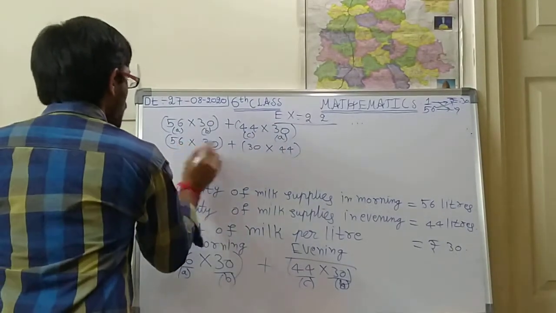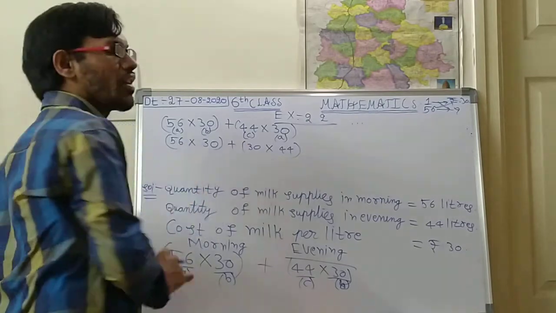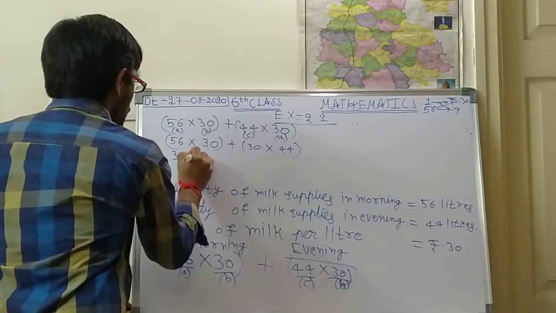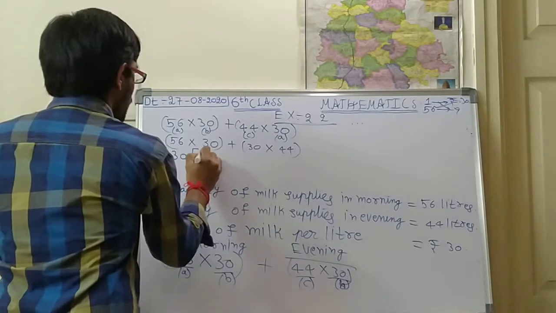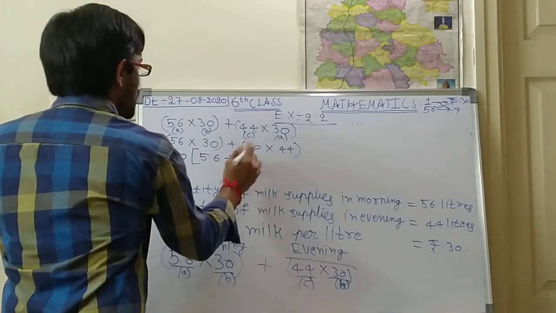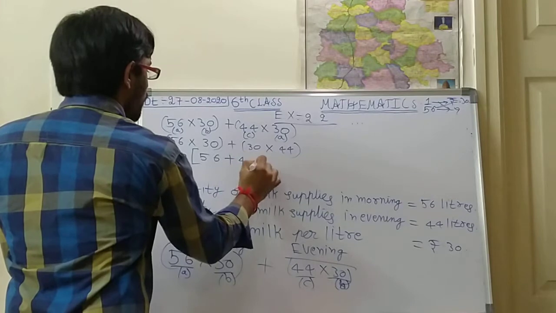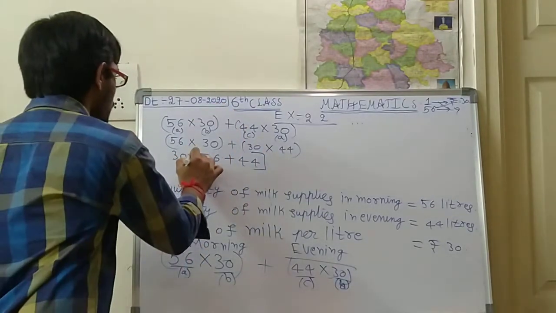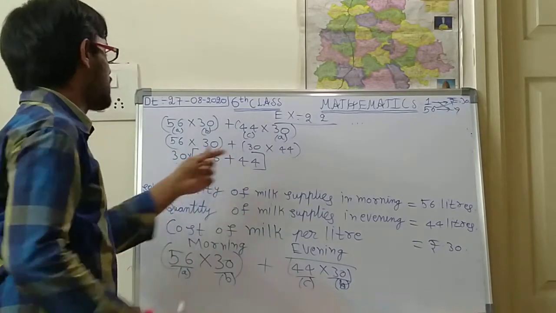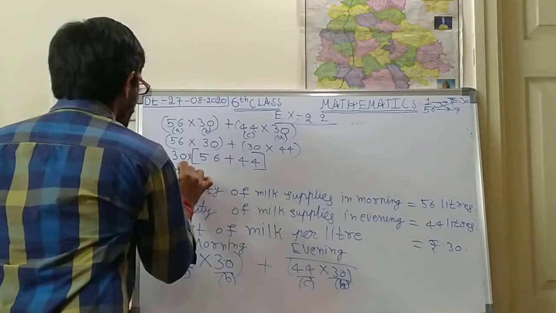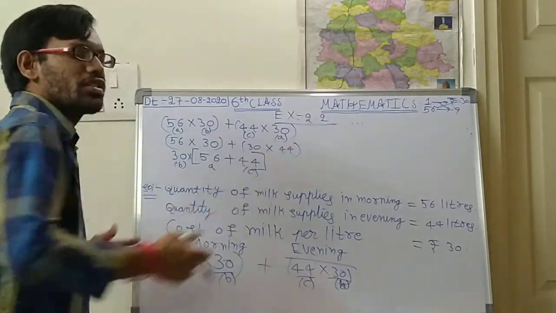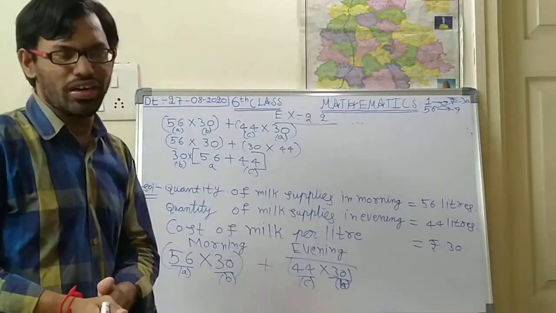Now you have to take 30 as common. So 30 into, in the first term 56, plus in the second term 44. So 56 plus 44. B into A plus C, or A into B plus C, whatever it might be.